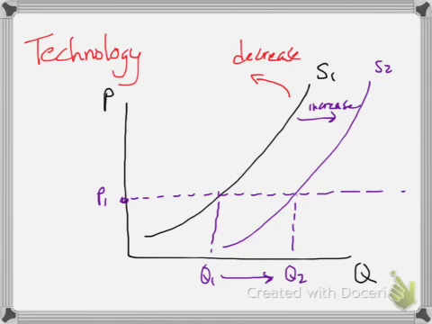So we're not talking about price changes, we're talking about a non-price factor of technology improving and the curve shifting, jumping to a new location from S1 out to S2.